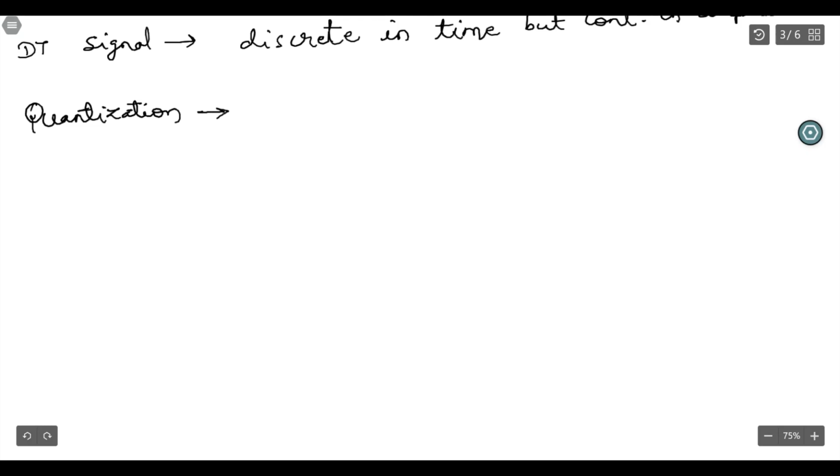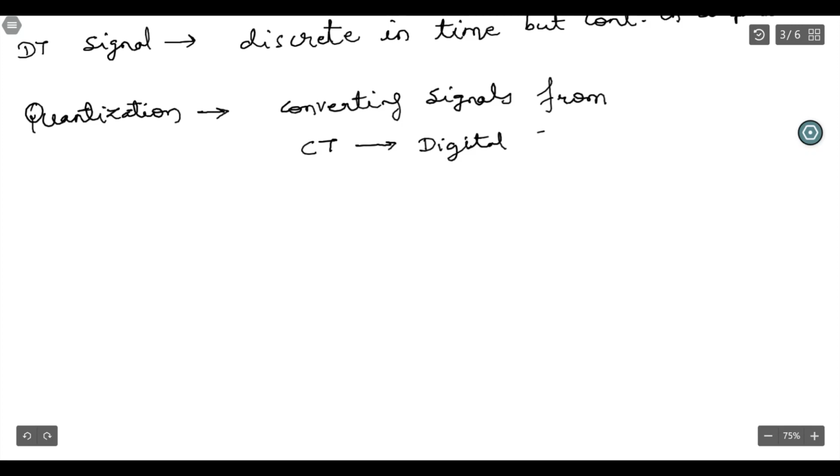Quantization is the process of changing or converting signals from continuous time to digital form, or digital signals.